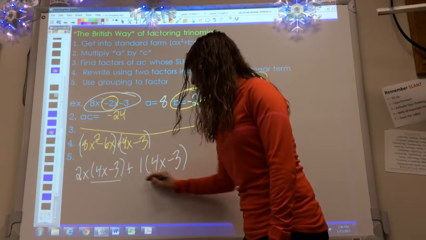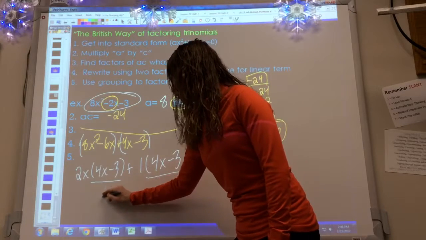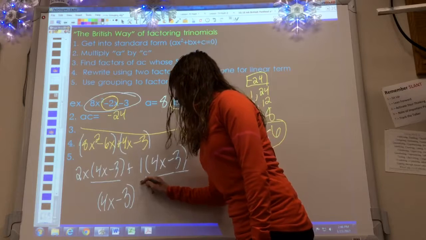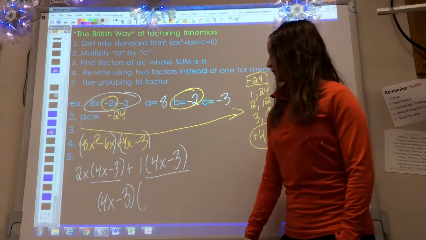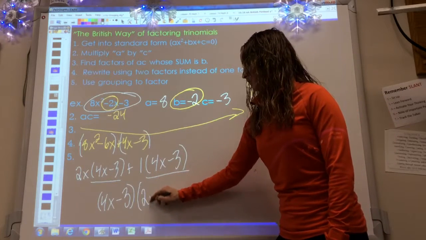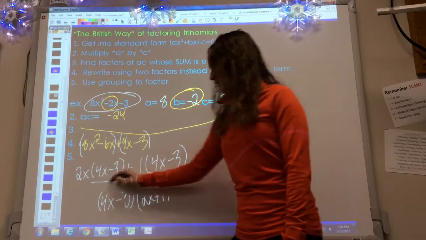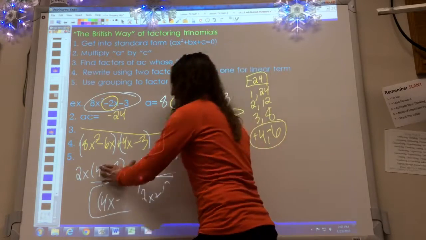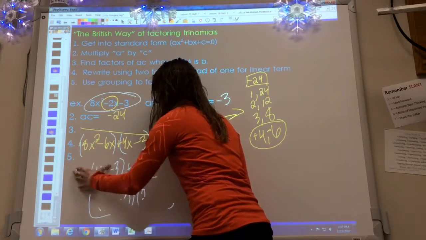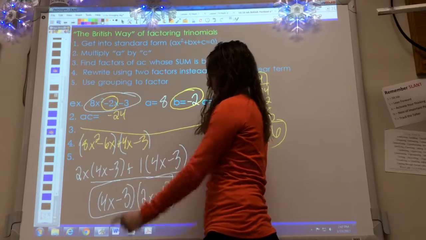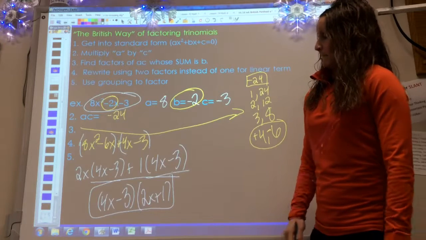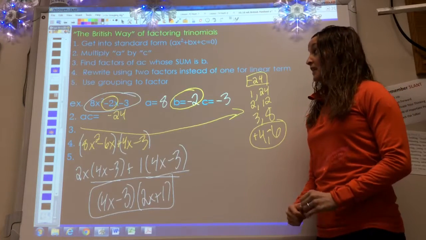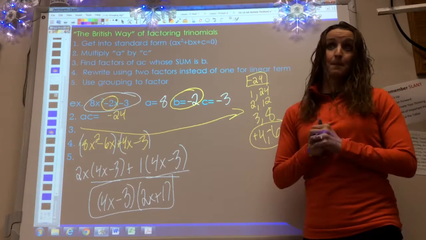Then, if we notice, we can divide both of these by 4x minus 3. What is remaining? Now, please make sure there is no plus or minus, because once you factor out, it's going to be multiplied by whatever is left. Does anyone have any questions up to this point?